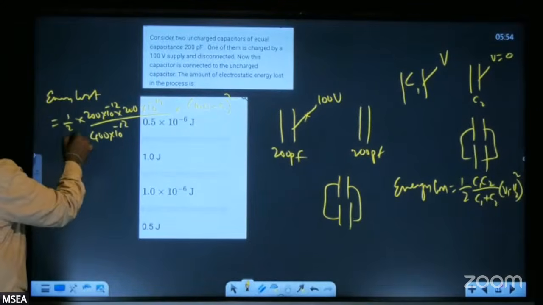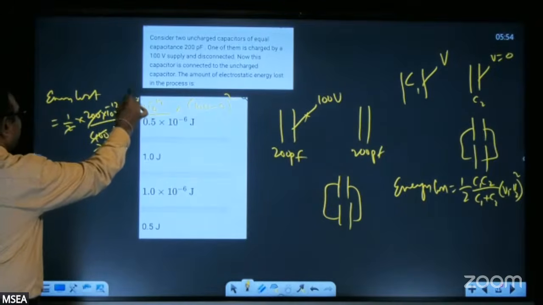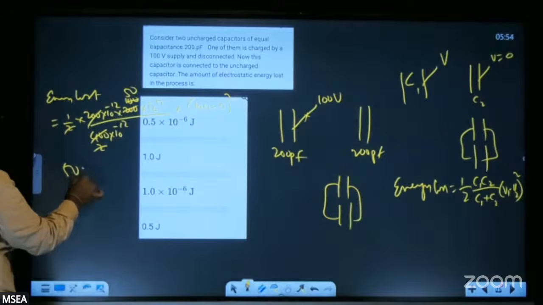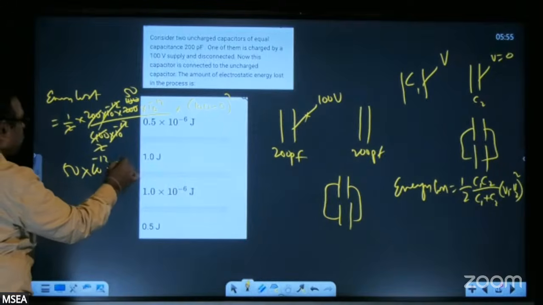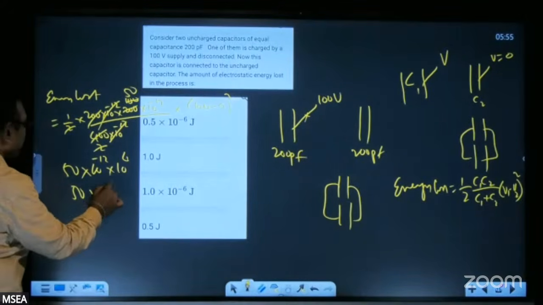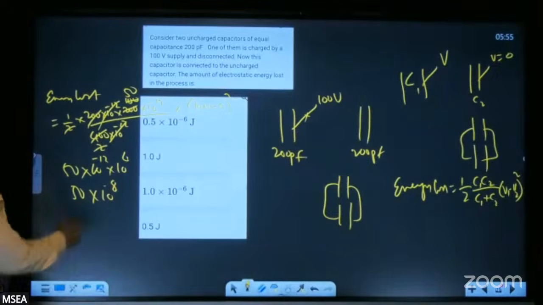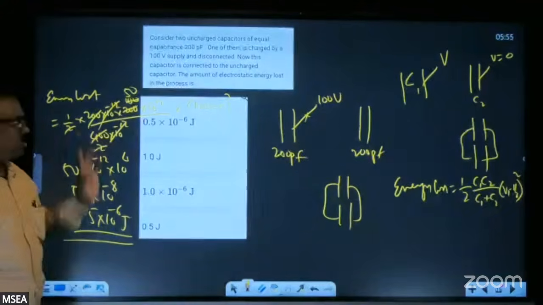So 200 by 4 gives 50, then 50 into 10 power minus 12 into 10 to the power of 4, that is 50 into 10 power minus 8. So this is equal to 0.5 into 10 power minus 6 joules. That is the first option.